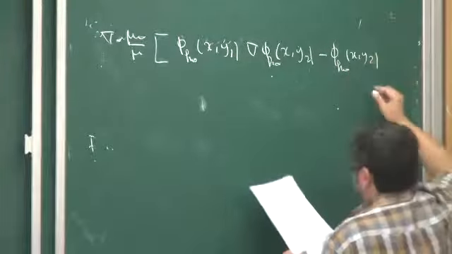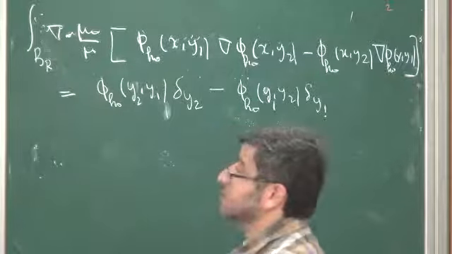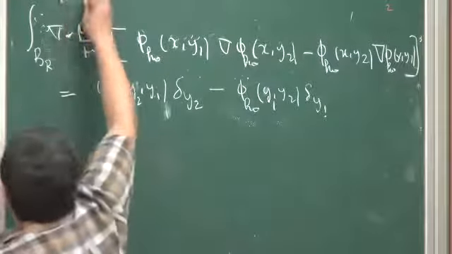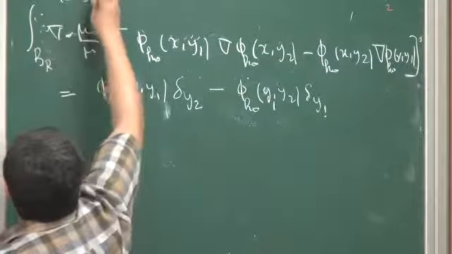Now integrate this over the ball B_R, with R larger than R0. So what do you get here? Here you get 1, and here you get 1, because you integrate the Dirac mass, that's 1.